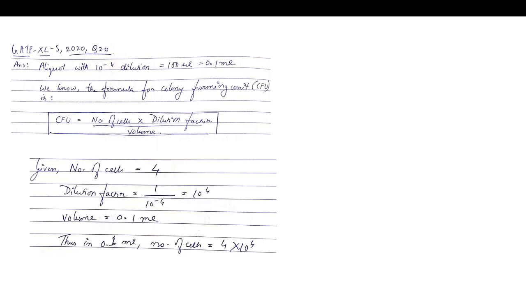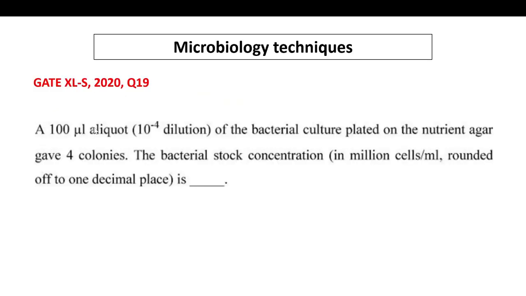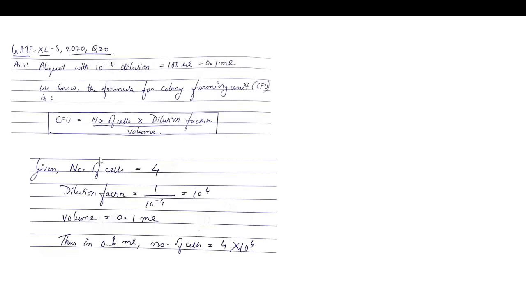The number of colonies here is 4. Here we are considering one colony equals one cell, approximately.